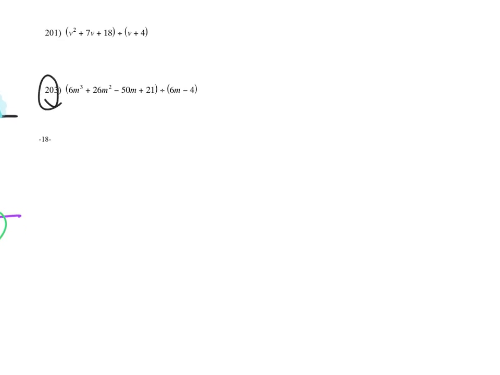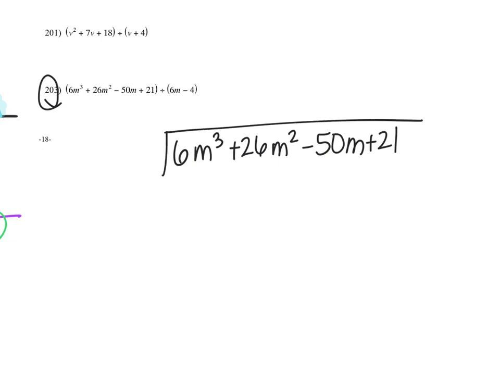I'm going to start off by doing 6m cubed. Actually, I should start a little bit lower. So 6m cubed plus 26m squared minus 50m plus 21, and then you divide by 6m minus 4.